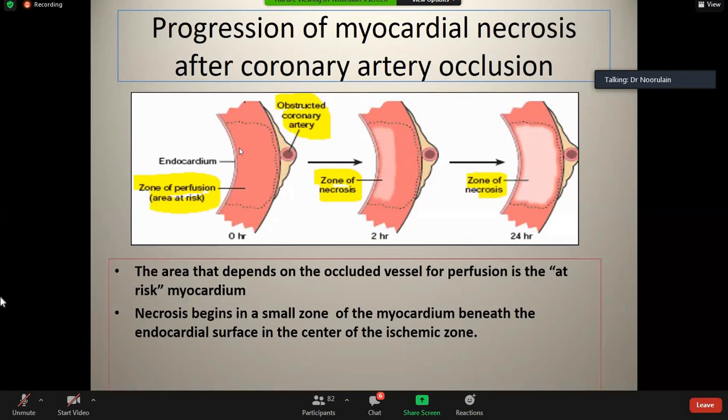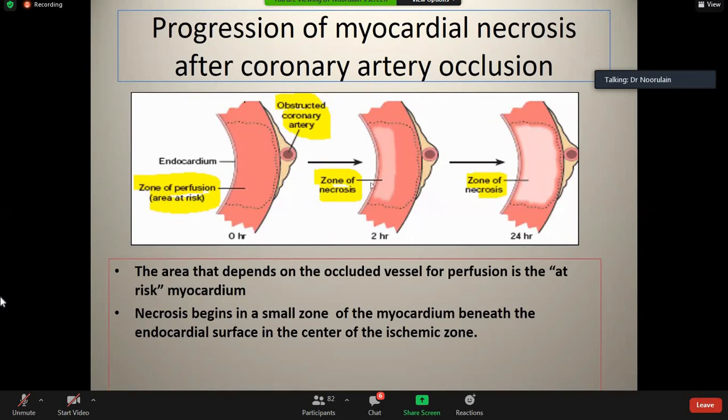This is the progression of myocardial necrosis after coronary artery occlusion. This is the 0 hour, a very early stage of ischemic heart disease with an obstructed coronary artery. This is the endocardium, and this is the zone of perfusion of the myocardium. At 2 hours there is the starting of necrosis.